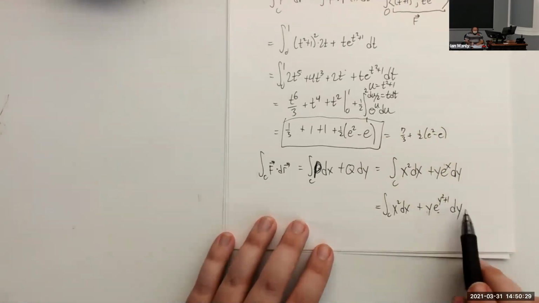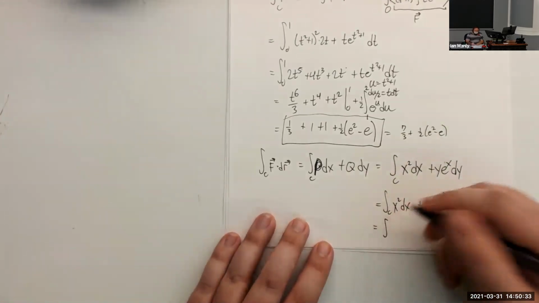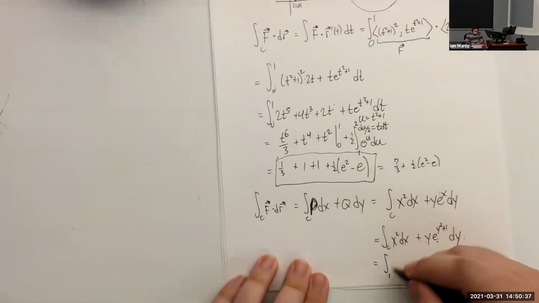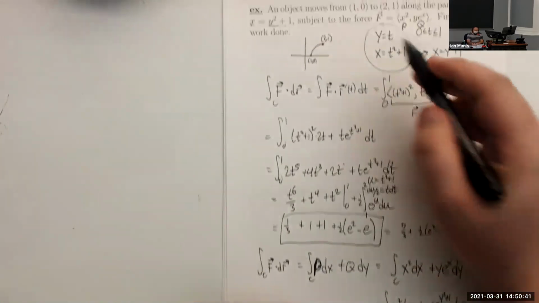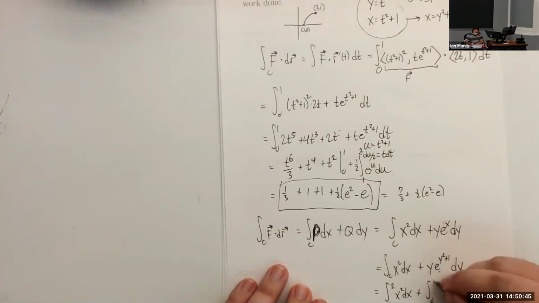All right, so now we have a y integral here, an x integral here, and we know that in our problem, x ranges from 1 to 2, and in our problem, y ranges from 0 to 1. So we end up with this right here.